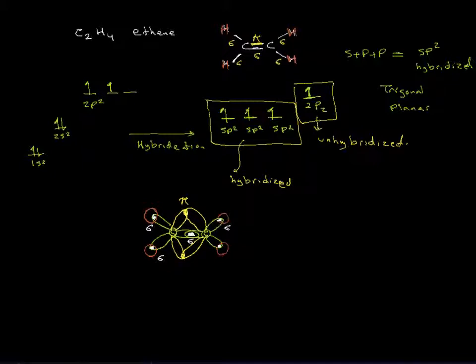Now let me go to the last example I want to do, and this time I want to go after ethyne or acetylene, which is C2H2. Lewis dot structure, you will have triple bond, the maximum covalent bonds that you can have in chemistry, triple bond.